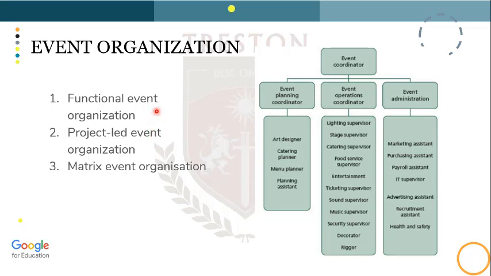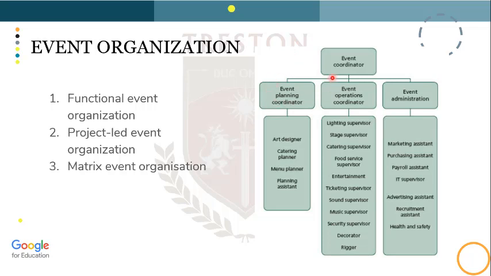In organizing an event, you would have a functional event organization. These are types of event organization: a project-led event organization, and a matrix event organization. Similar to this is a functional event organization, wherein you have an event coordinator on top, and then sub-coordinators per category or per division, or department maybe.